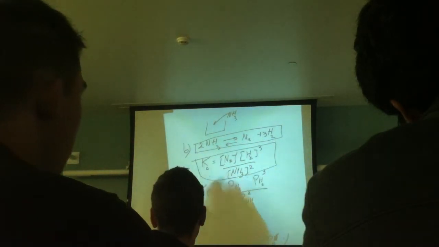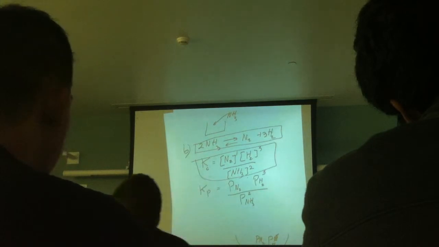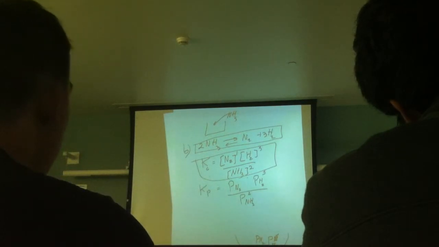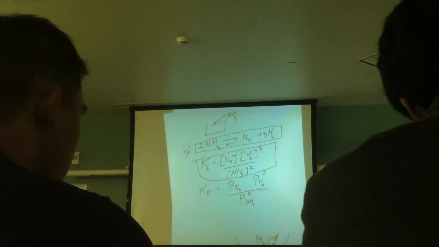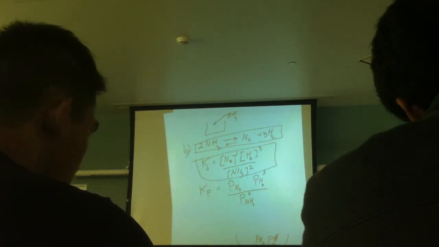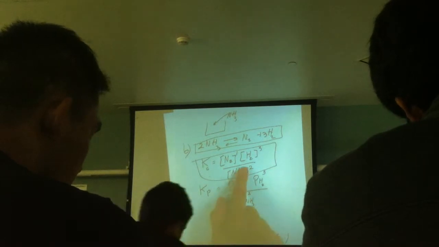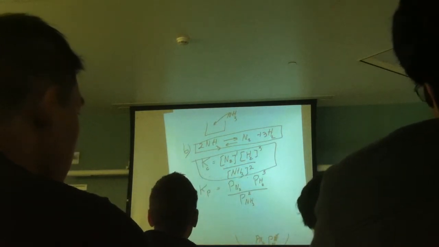What happened to K? How is this K different from that K? K is in reverse. What's the conclusion? If you reverse the equation, what do you do to K? Inverse.